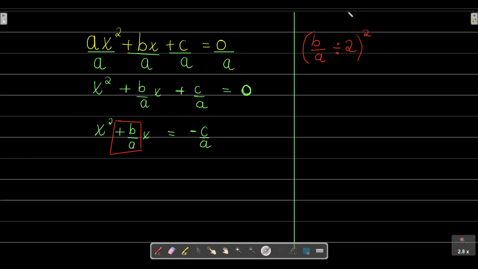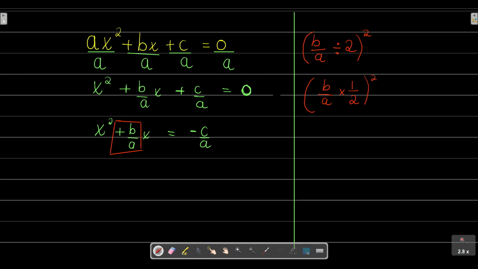But I also just want to show you something. By me saying we're dividing it by 2, that's the same as saying we're taking that b over a and multiplying it by 1 over 2. Do you see that?